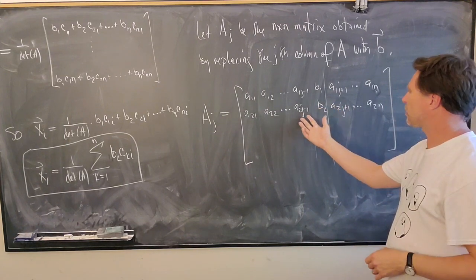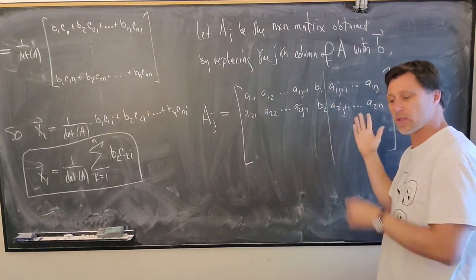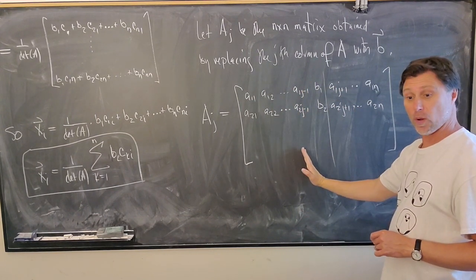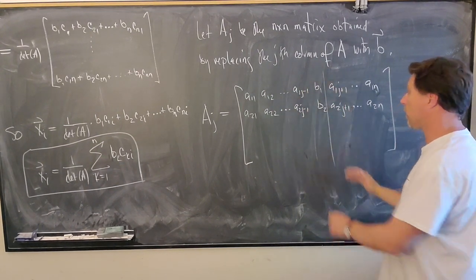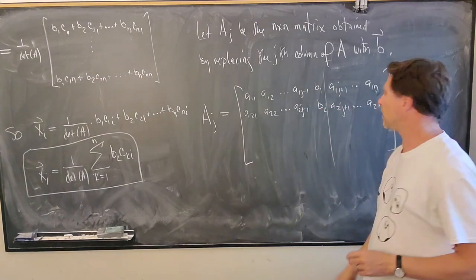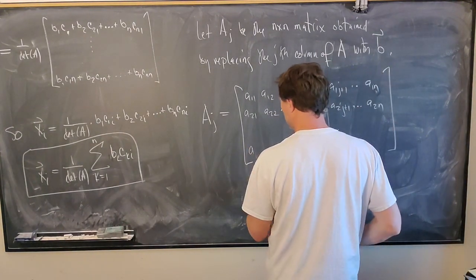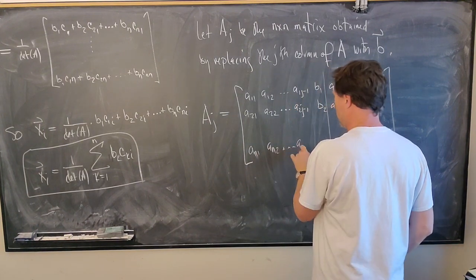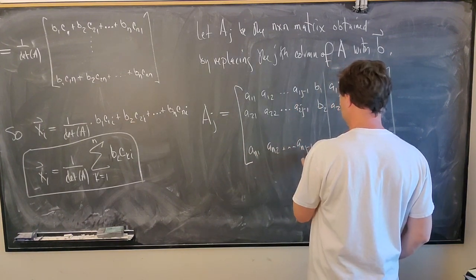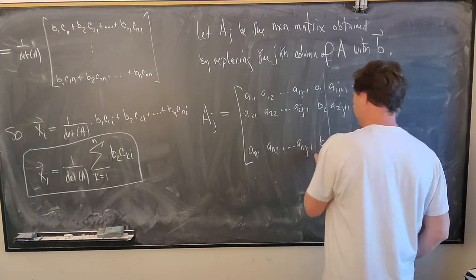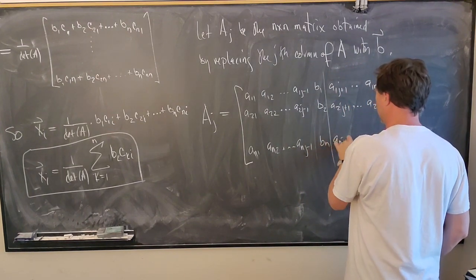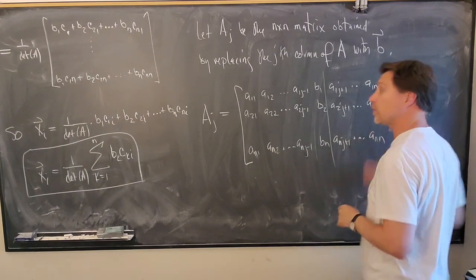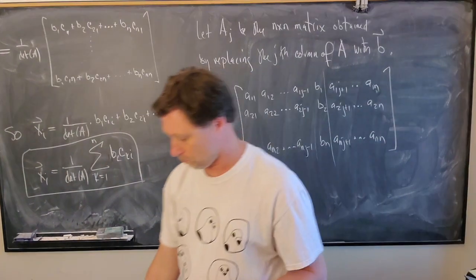Sorry about the double subscripting with these j minus 1s and j plus 1s, but just to keep our heads straight, these are the entries in the j minus 1th column and the j plus 1th column, and the B's are going in the jth column. The last row will be An1, An2, dot, dot, dot, An j minus 1, Bn, An j plus 1, dot, dot, dot, Ann. Okay, so here's my matrix A sub j.